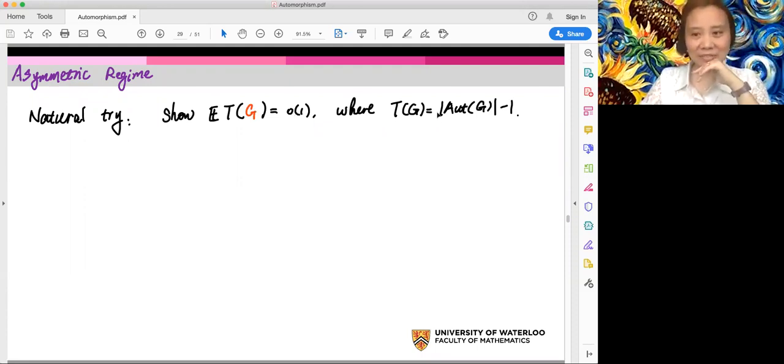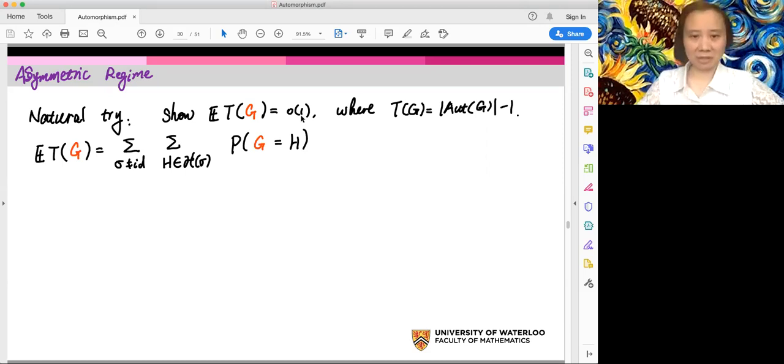So you define T(G) to be the size of the automorphism group minus 1. So it's the number of non-trivial automorphisms of G. And you try to show that the expected size of T is going to be little-o of 1. And that's exactly what they did. So how are you going to compute this expectation?